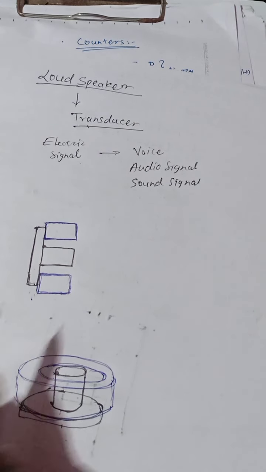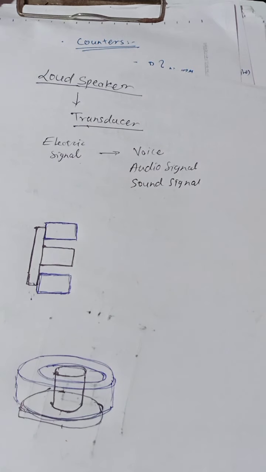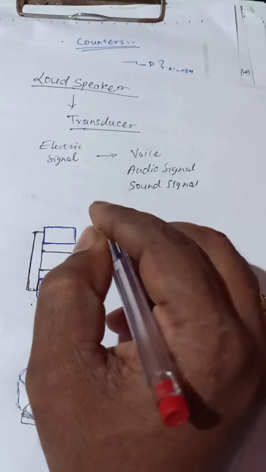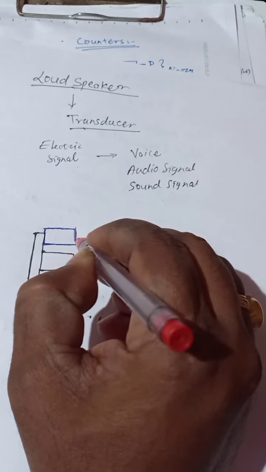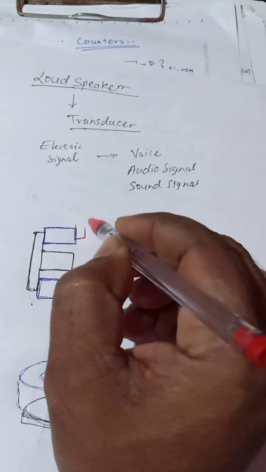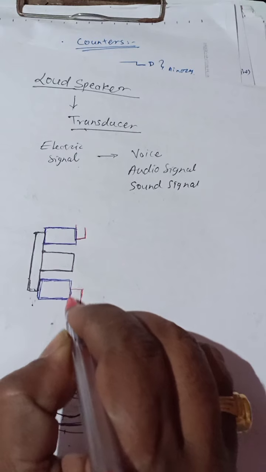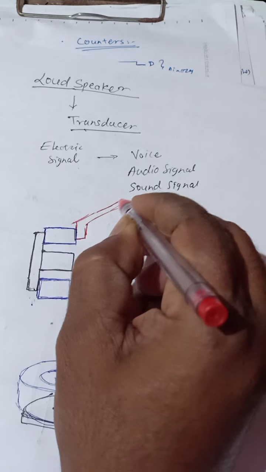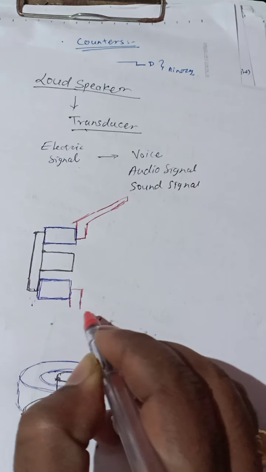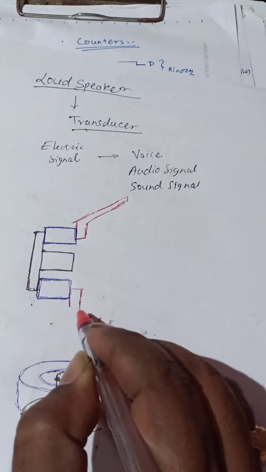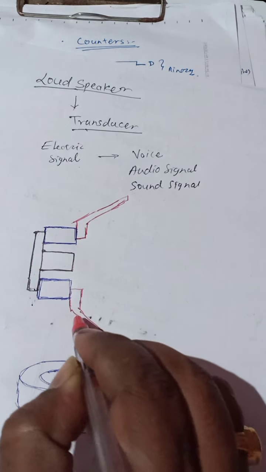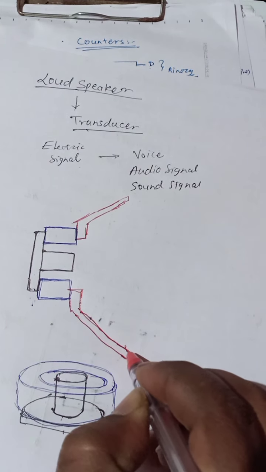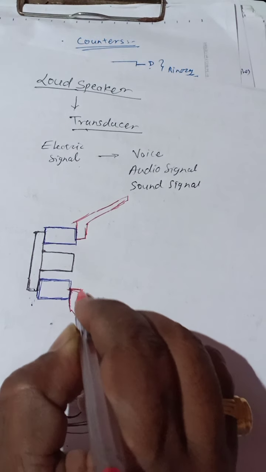Over that magnetic ring, the main frame of the speaker is fitted here. So this is the frame of the speaker, which is fitted like this.